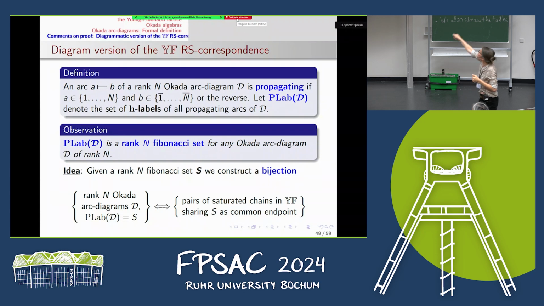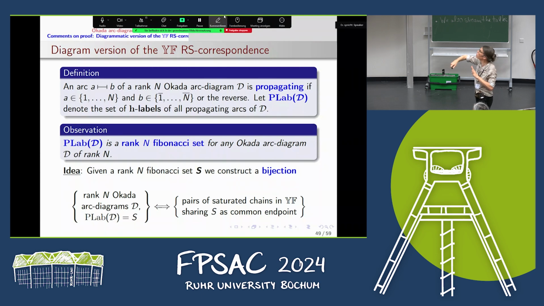And P lab, the propagating labeling set of the diagram, is by definition the set of all of the H labels of the propagating arcs. And it's an important observation that this set, P lab, is a rank n Fibonacci set.